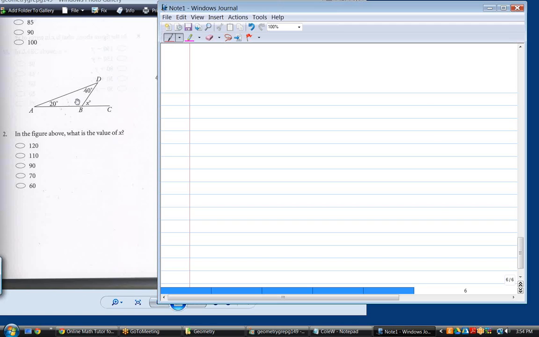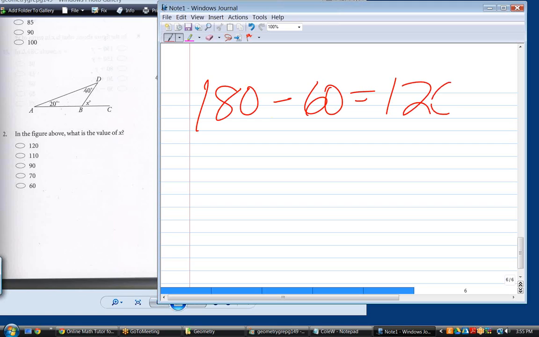So what's that angle there? 180 minus 60 is 120. 180 minus the sum of those two, which is 60, gives 120, which is the answer.